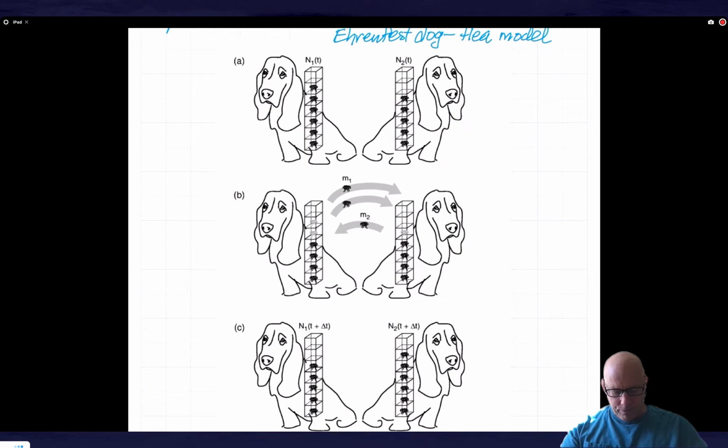At any rate, we have these two dogs. There's N1 fleas on the left dog, there's N2 fleas on the right dog, and then the dynamics is that the fleas are going to hop, and what we want to do is figure out the rate of change of N1.